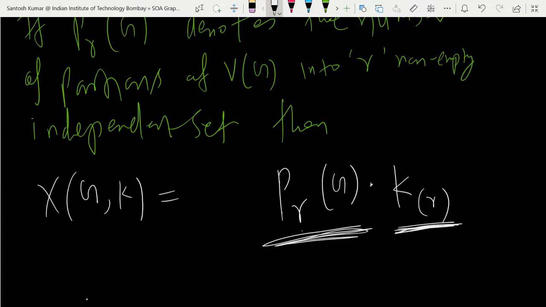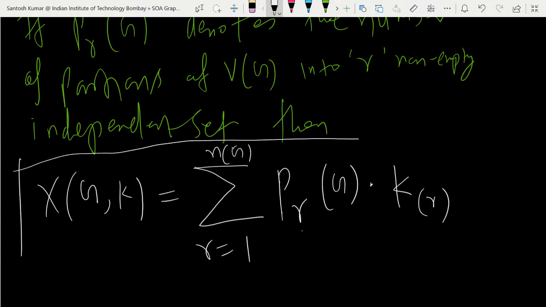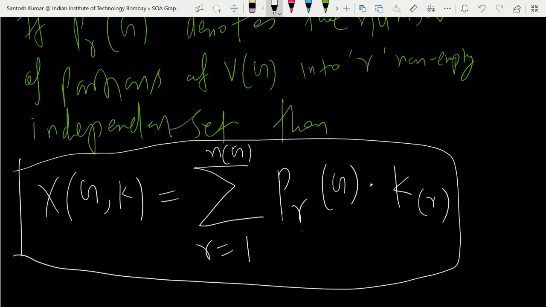So this is the total number of ways of using exactly r colors from the available k colors. And r can vary from 1 to the number of vertices. So this is the expression for the chromatic polynomial.